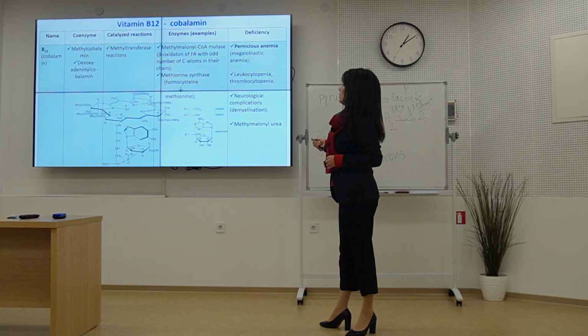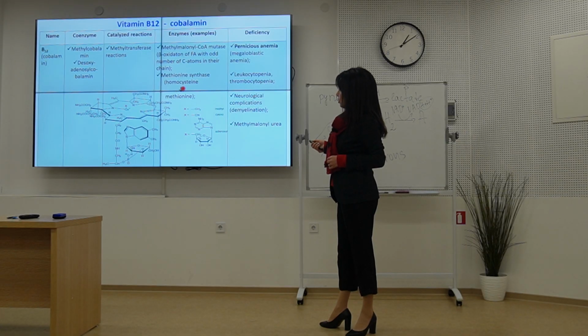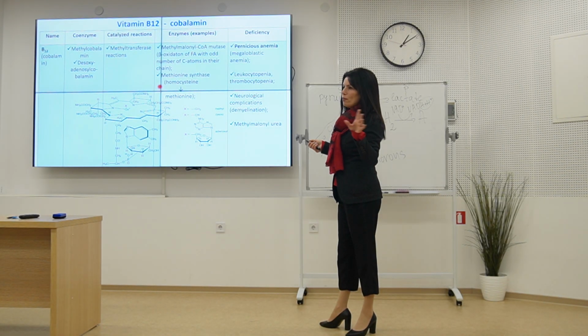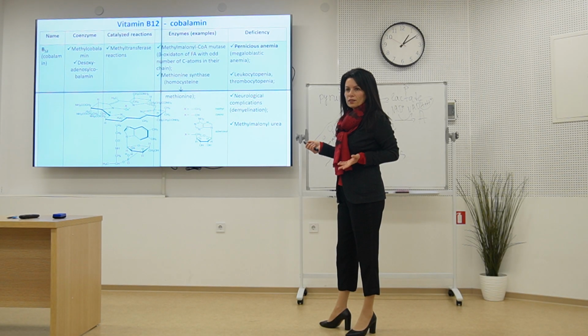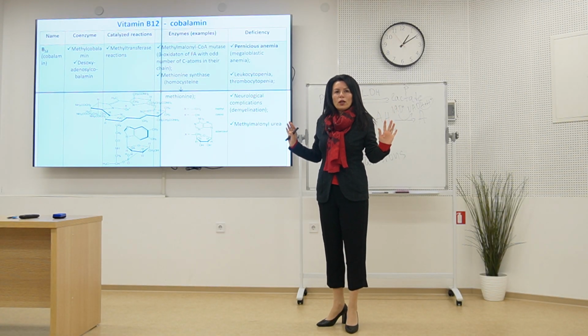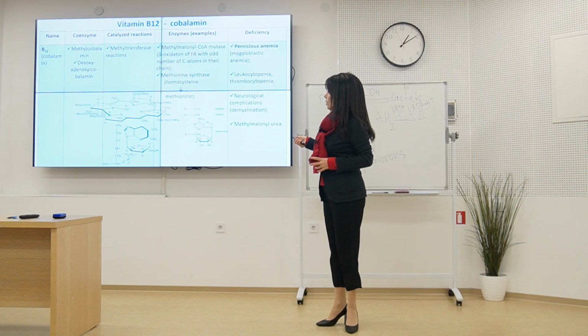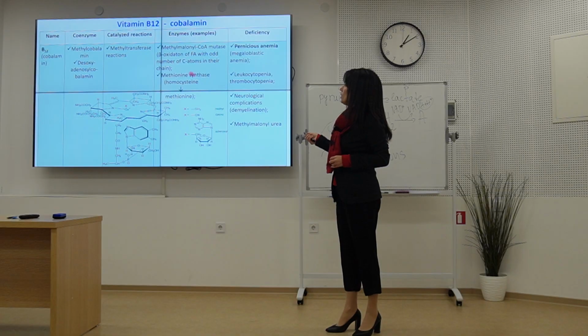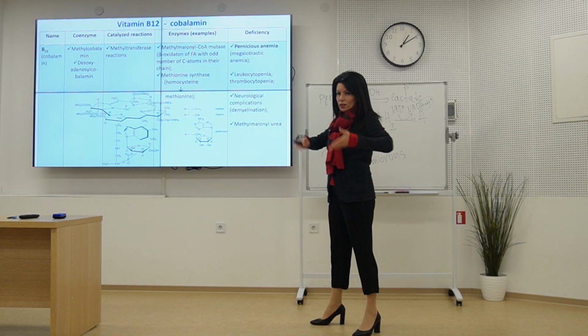Something else about B12 is this reaction, because in this reaction there is participation of B12. If there is no B12, never mind that the enzyme is intact. No cofactor, no enzyme reaction. And if there is a deficiency of B12 here, homocysteine will be greatly increased.